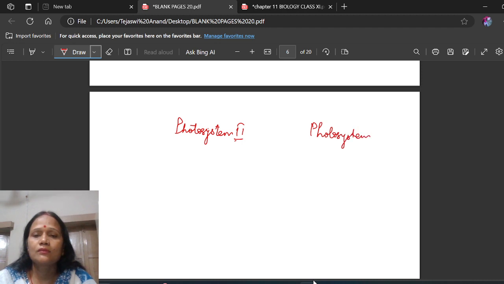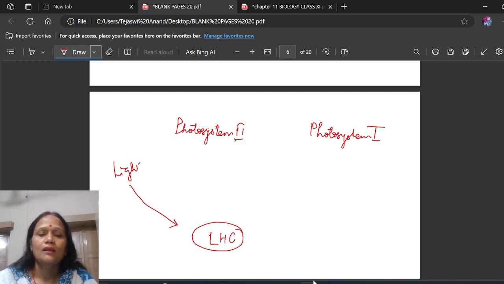This is photosystem 1. Now here if we say that light is coming, that is accepted by LHC. LHC क्या करता है? Then it transfers it to the electron acceptor molecules.